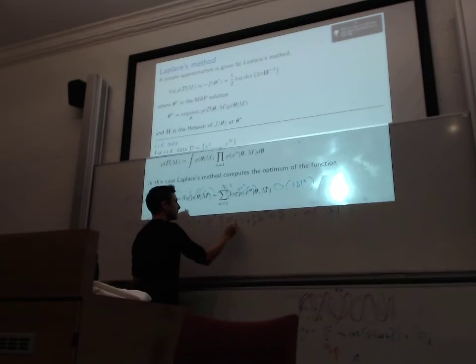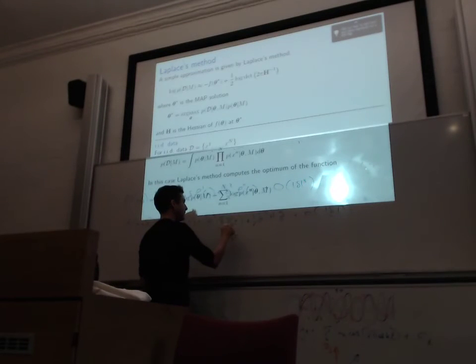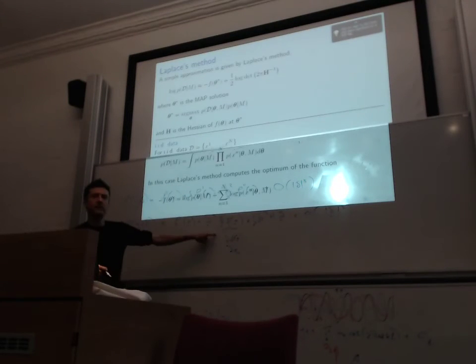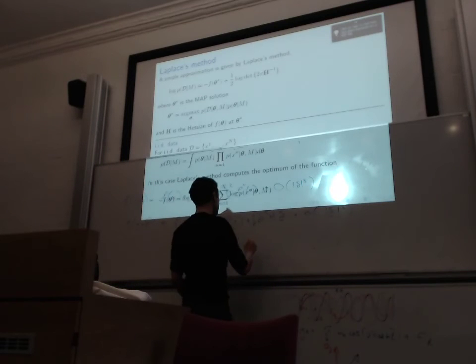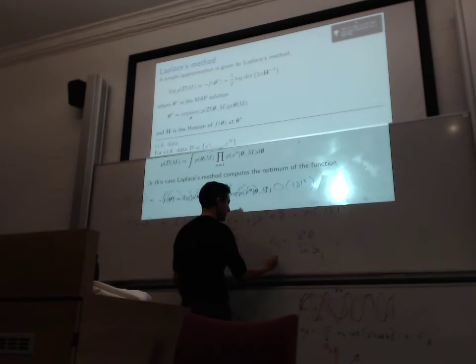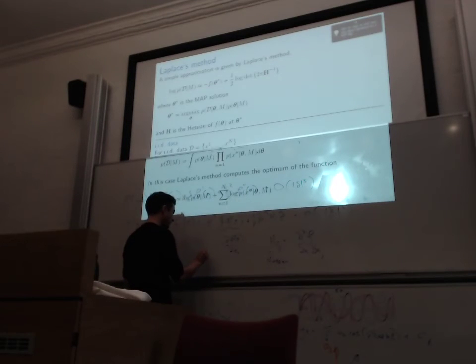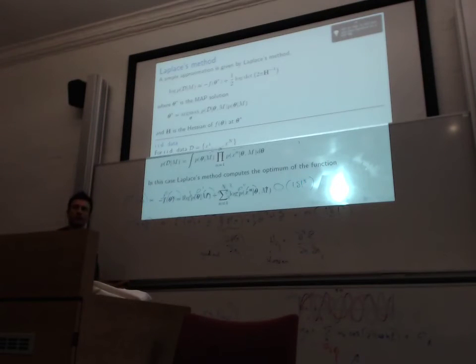This is the gradient vector, which has components df of x, the ith component of this gradient. And this matrix h_ij has elements d2f by dx_i dx_j. So this is the Hessian, and this is the gradient. That's our classical Taylor expansion.